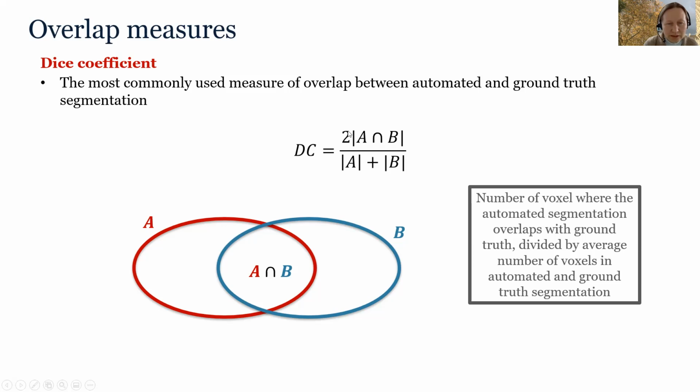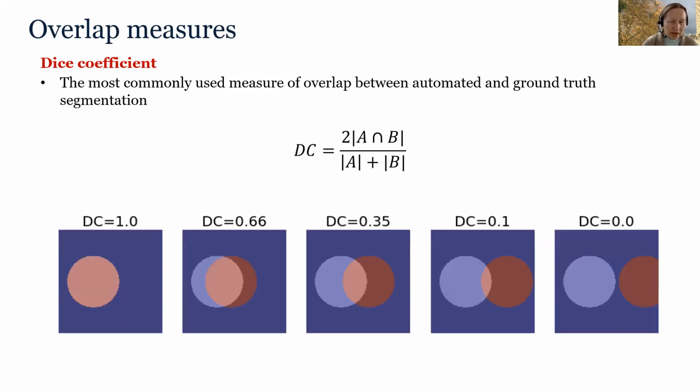If you take this number 2 down into the denominator, you will see that it's actually the overlap over the average size of the segmentation, because the ground truth and automated segmentation might not have the same number of voxels, so we take the average to calculate the size. Okay, so let's have a look at a simple example of the Dice coefficient.